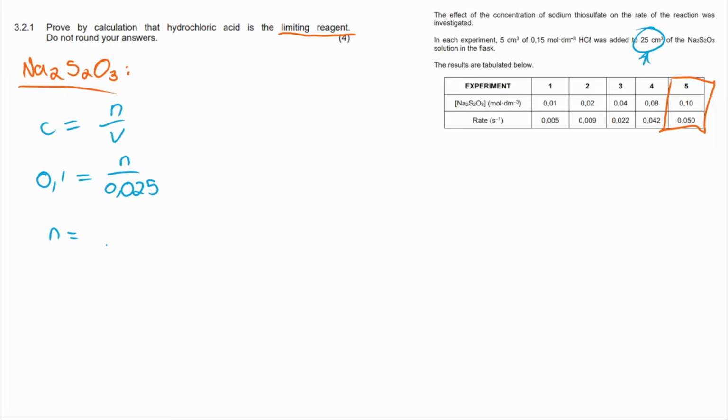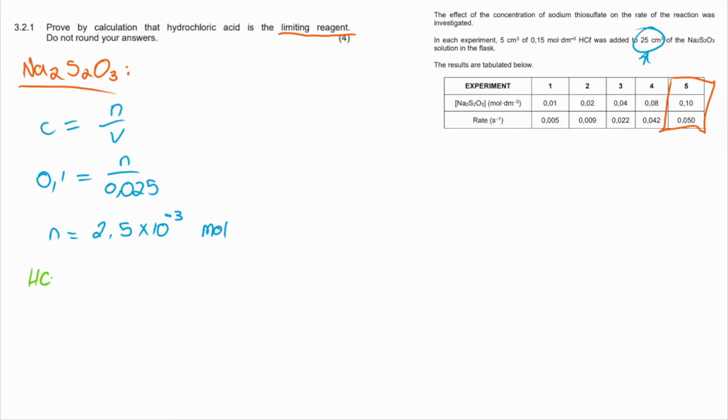I prefer to leave it like this: 2,5 times 10 to the negative 3. Remember, we need a unit, mole. You could technically write it as 0,000 and so on, but I don't like doing that. They also say do not round, so if you did this to 4 decimal places there would be some rounding, but I prefer scientific notation. So we have the moles of that.